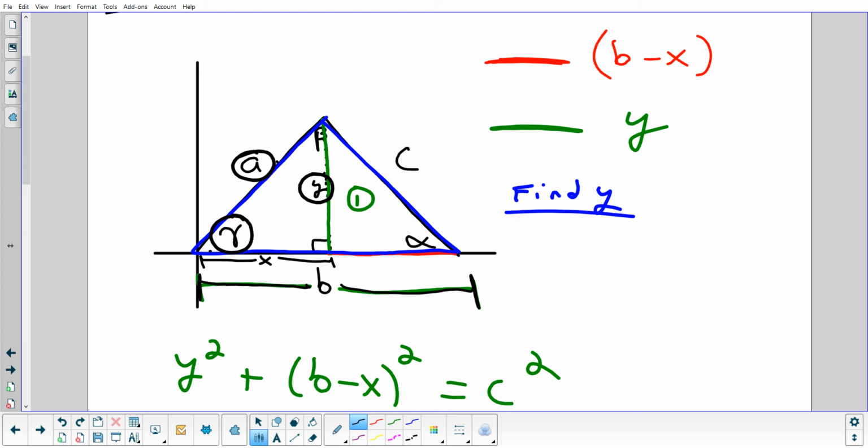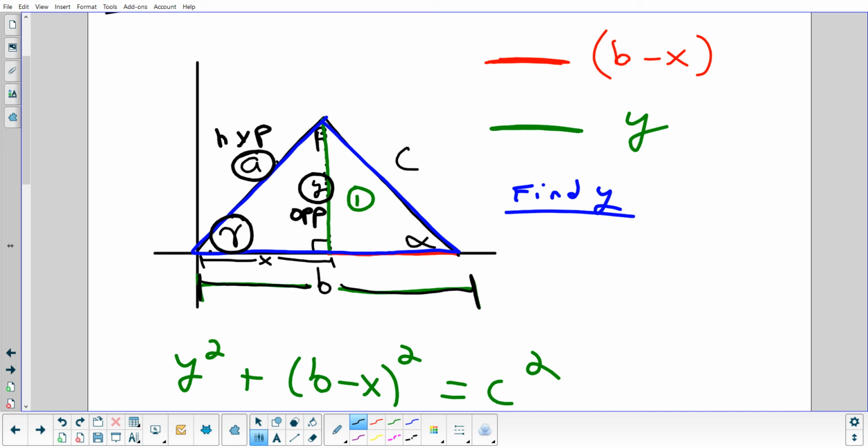What's the name of the side that we've labeled Y relative to gamma? Yep, that's the opposite. And what's the name of the side that we've labeled as A relative to gamma? Yeah, hypotenuse.